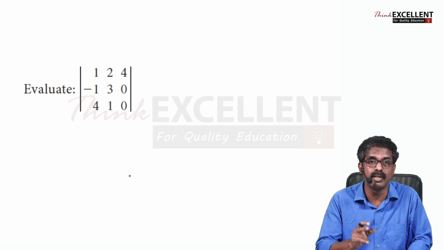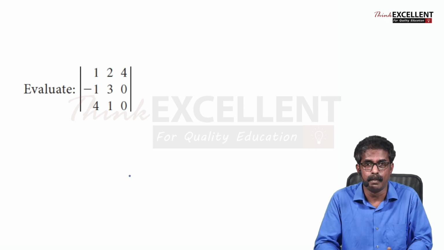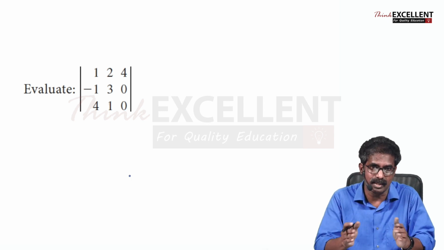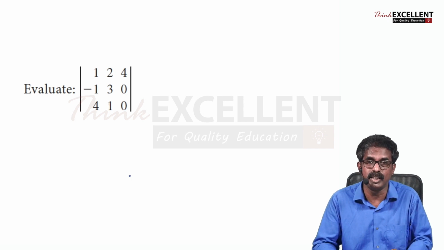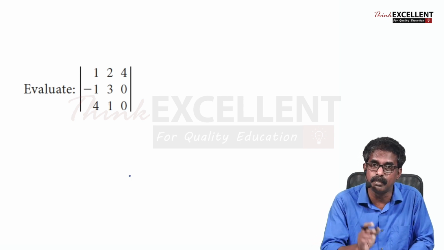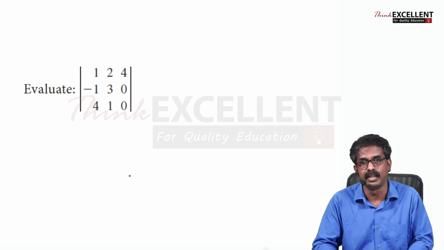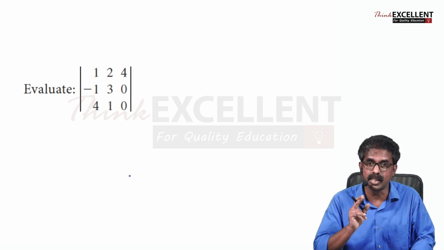So the difference between matrix and determinant: I explained 4 differences. One is the symbol. Matrix, we use brackets, and for determinant, we use 2 bars. Then matrix cannot be simplified. It is an arrangement. But determinant can be simplified. It can be equated to a number. Third difference: matrix can be of any order, but determinant is always a square.